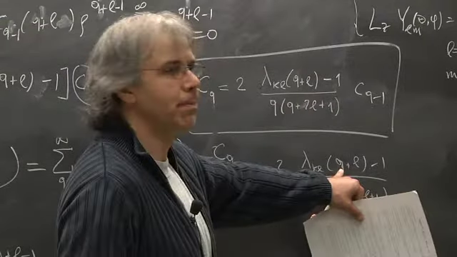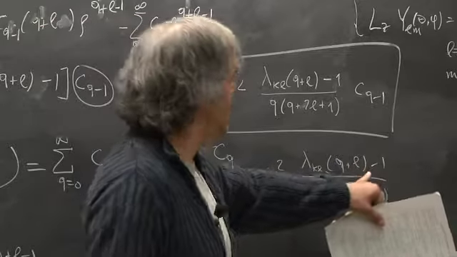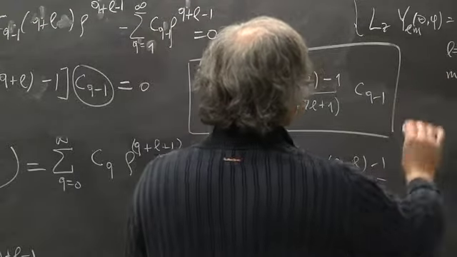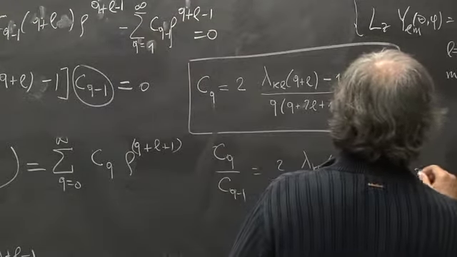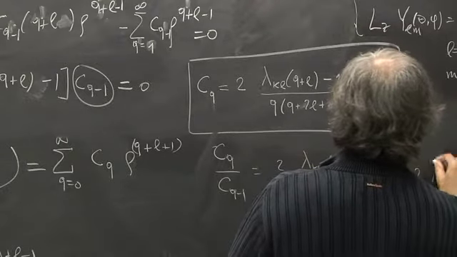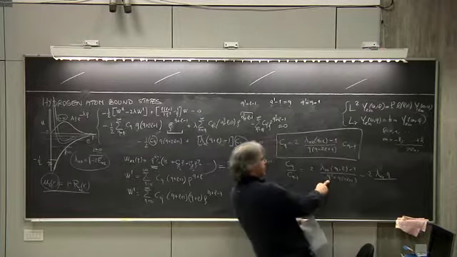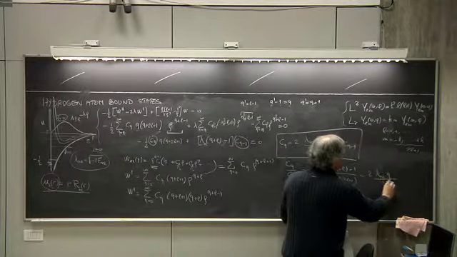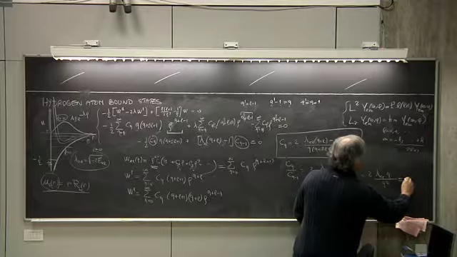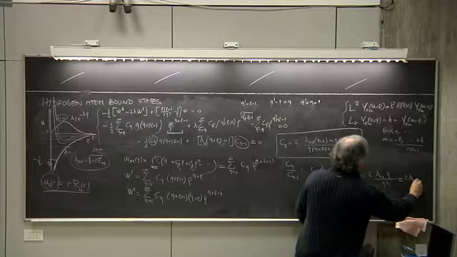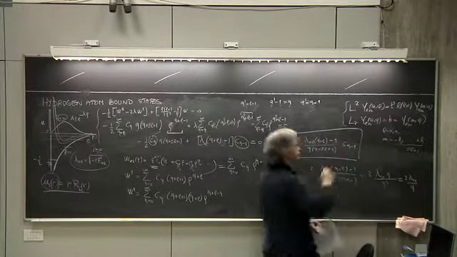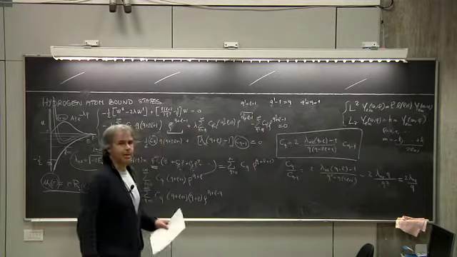q becomes the most important thing. l is fixed, okay? And the minus 1 is also not important. So this is roughly 2 lambda k_l times q divided by q squared, which is the most important term. So this is just 2 lambda divided by q. Okay?